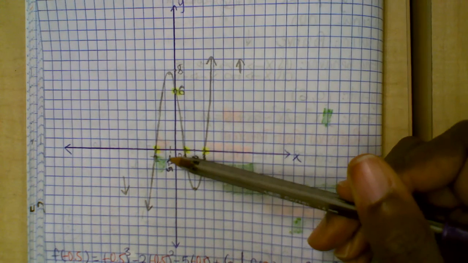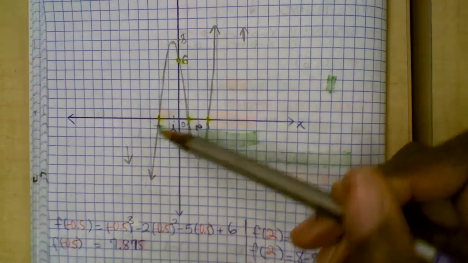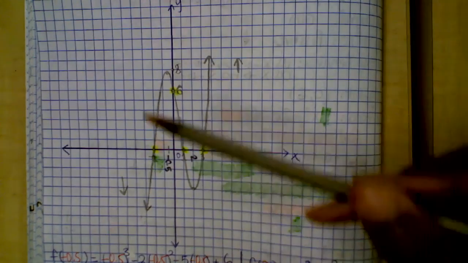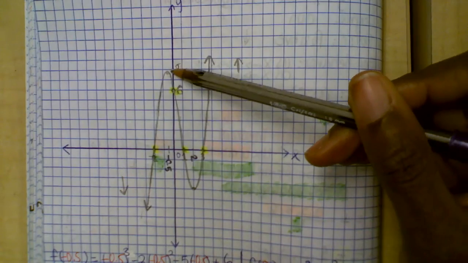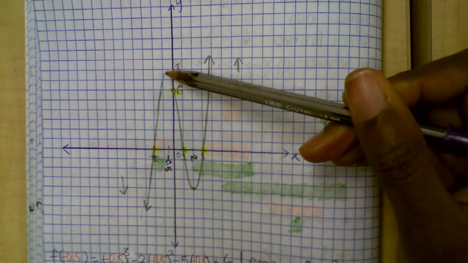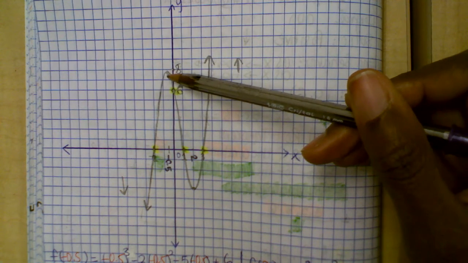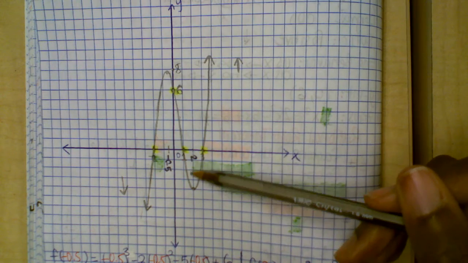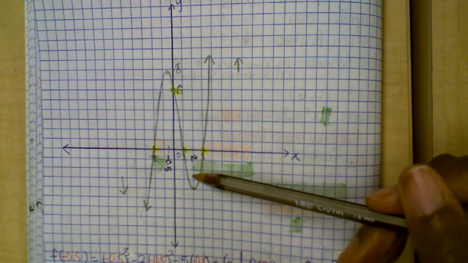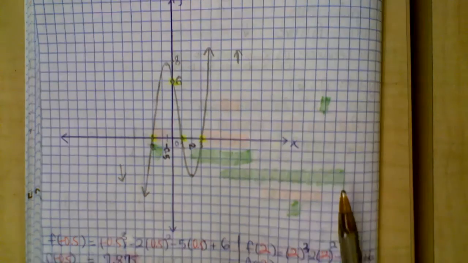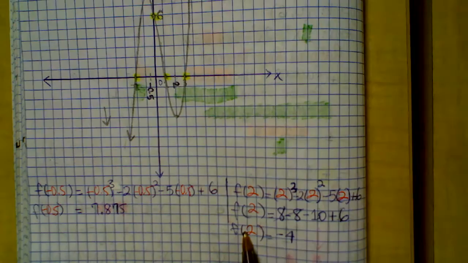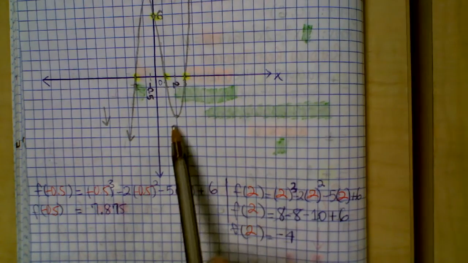I have one at negative 0.5, where the y value is about 7.8, so I count to 8 and make sure it's just a tiny bit below 8. The second relative extremum is at x equals 2, where the y value is negative 4. I already did the computation right here.